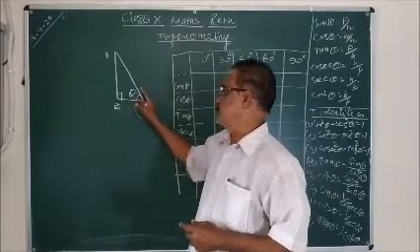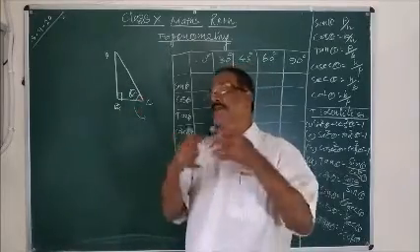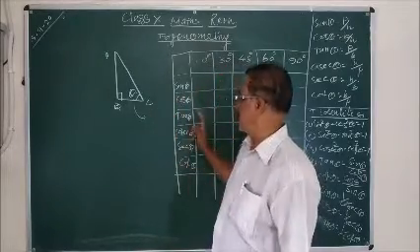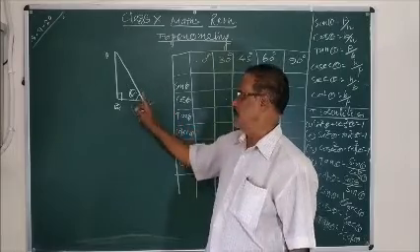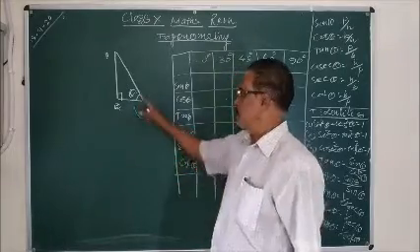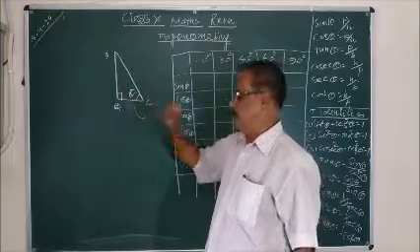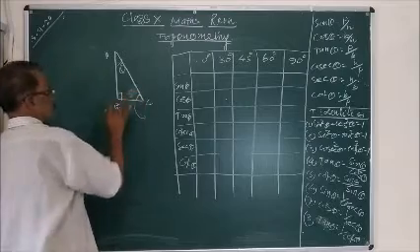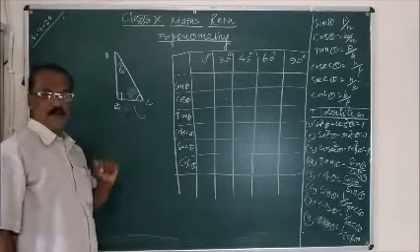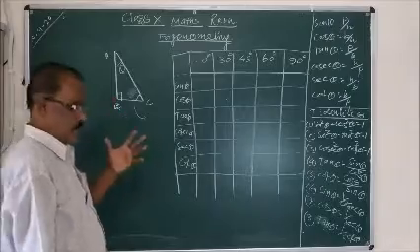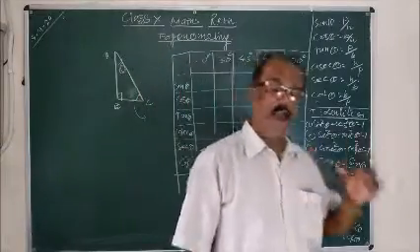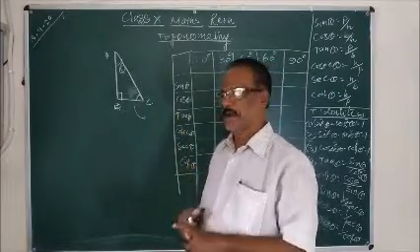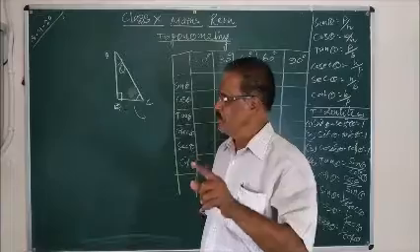Suppose this angle C is theta, an acute angle. So for this angle, this will be P, this will be B. And if we consider this other angle as theta, then this will be P and this will be B. So P and B change if we change the angle. But the hypotenuse will be the same because hypotenuse is the side opposite to the right angle.